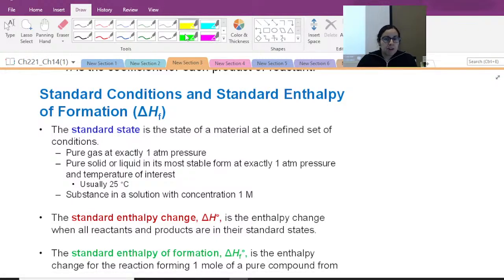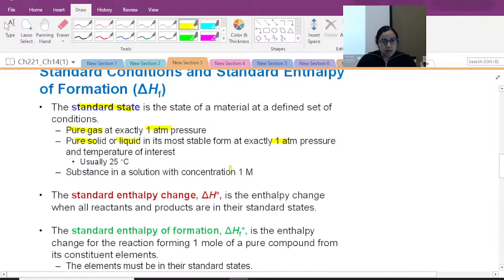And so we have our standard state, and again, for our purposes, we'll mainly be in the standard state. So pure gas is at 1 atm, and then pure solids or liquids are usually in their most stable form at 1 atm, so their usual state of matter. So, you know, water is a liquid, that sort of thing.